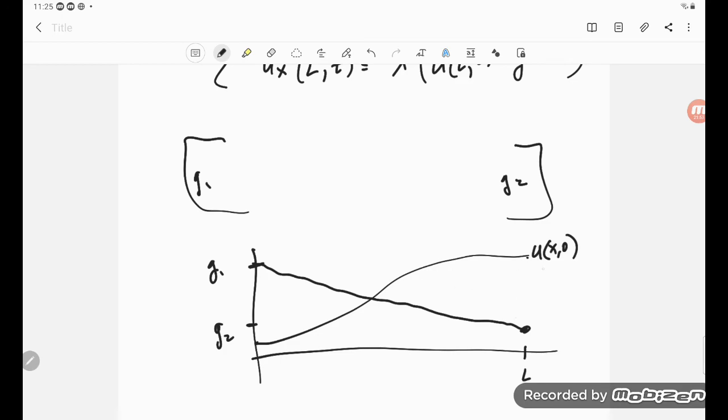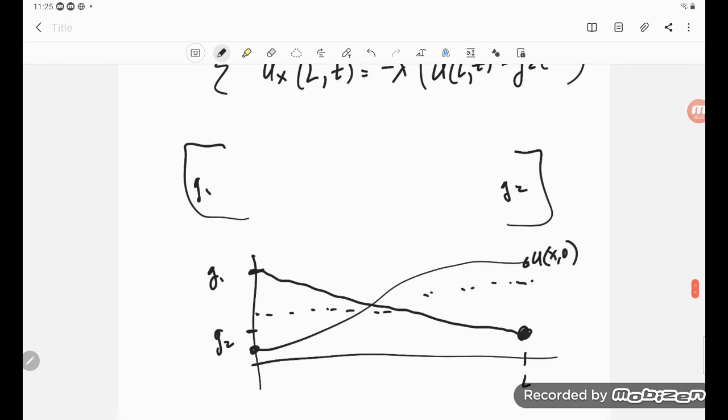In the others, when we went to some T1, we initially tied this end here down to this point here, and this end here up to that point there. But now it might be a much slower sort of thing. So at T equals 1, we might expect to see something like this. So here would be u of x and 1.